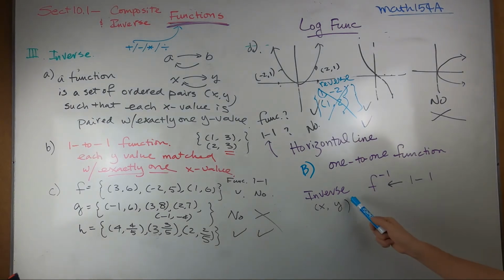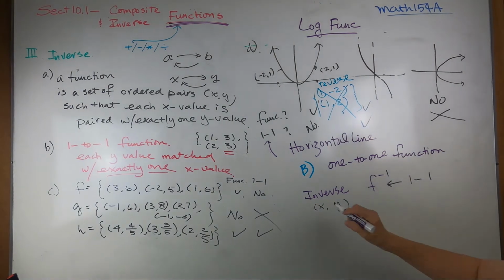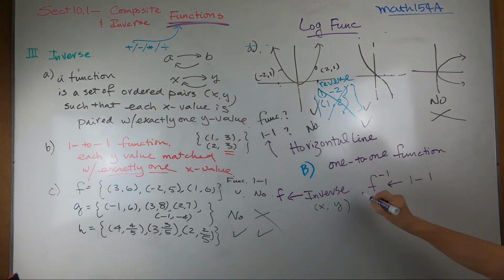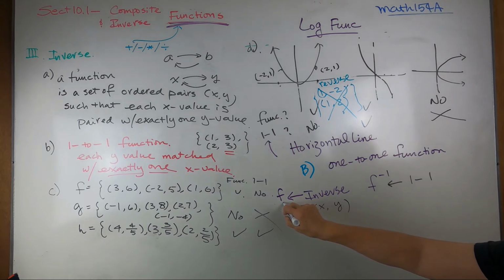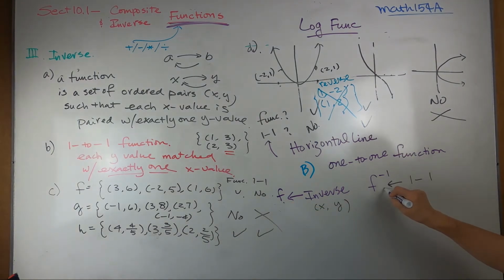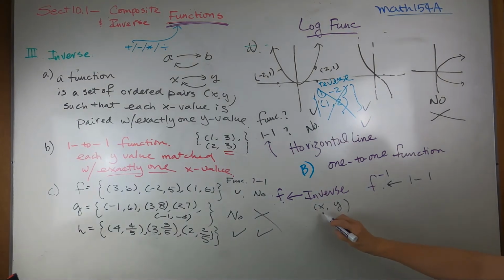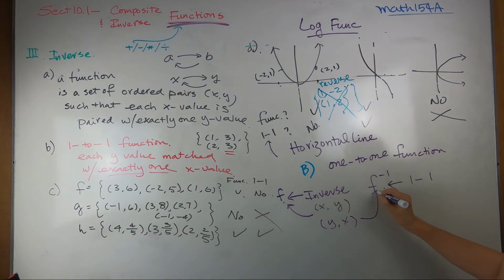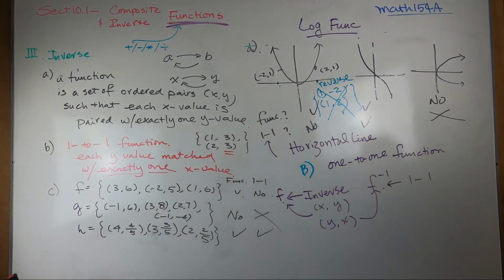Okay? The inverse of F, we write it this way. This one has to be 1-to-1 to have an inverse. Then same thing, F inverse will be 1-to-1. So for every xy point belonging to F, its inverse will be yx. That will belong to the inverse function.